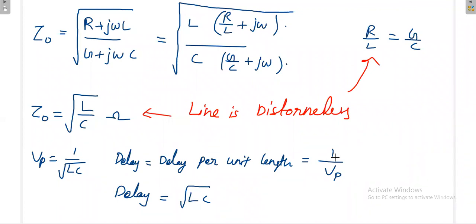Once it goes upward, that is seconds per meter. From the definition itself, delay per unit length: delay means seconds, per unit length means per meter. So the unit is seconds per meter.